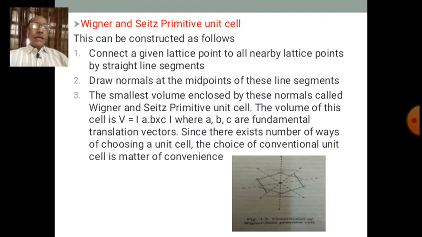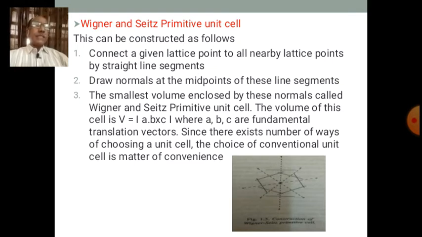So, consider any lattice point and identify all other lattice points nearby, which are nearer to this lattice point. Connect this particular lattice point.